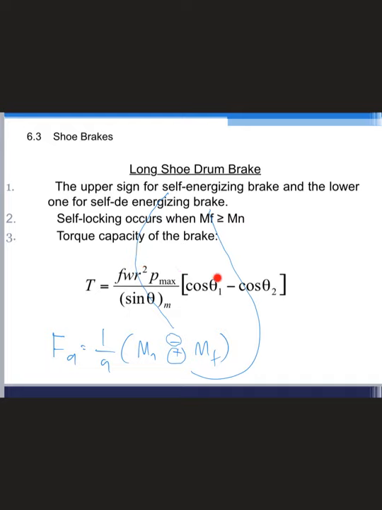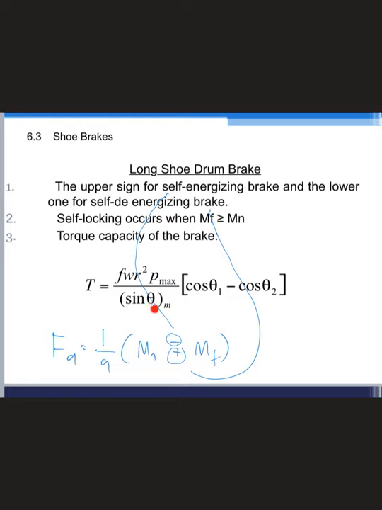And you have cos theta 1, where theta 1 is the angle between fulcrum point A to the center of the drum until the very first contact point of long shoe and drum. And then we have theta 2, so minus cos theta 2, where theta 2 is the angle between fulcrum point A to the center of the drum until the line where the last point of contact occurs.